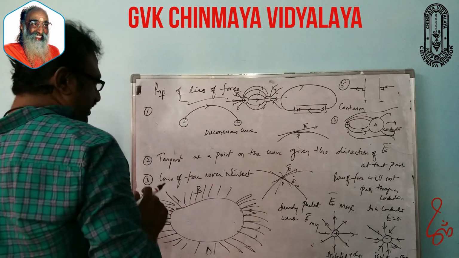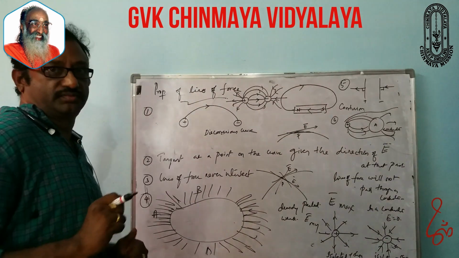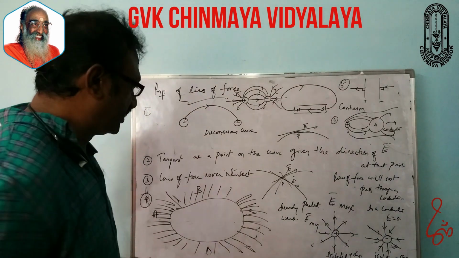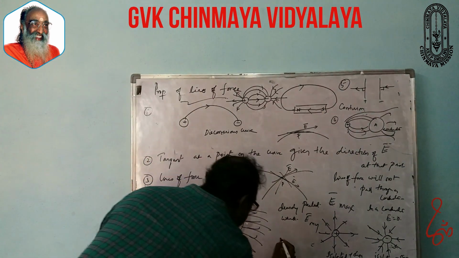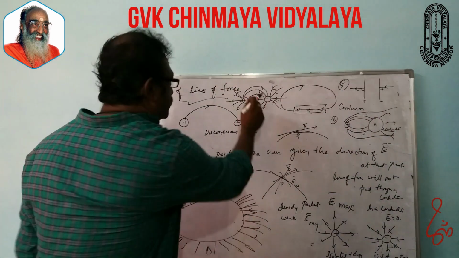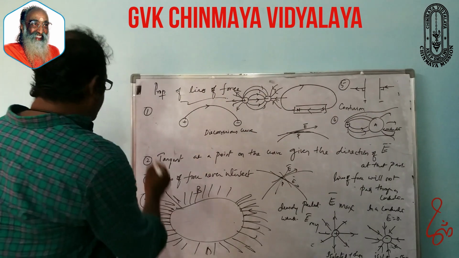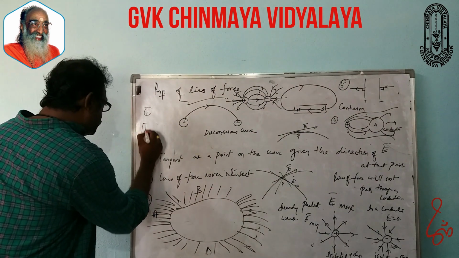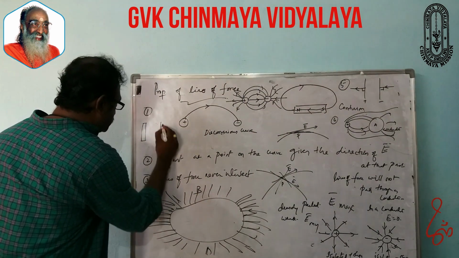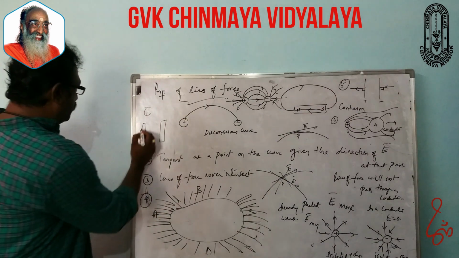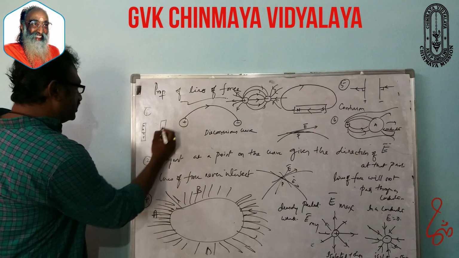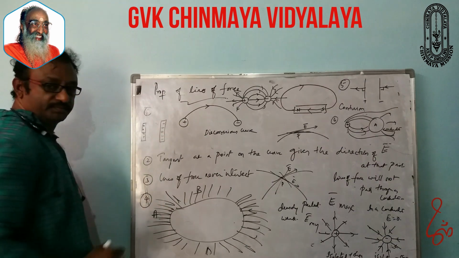And suppose you take extended charged plates, how can we see the lines of force there? Now we have taken only point charges and shown it like that. If you take extended charged plates, let this be the charged plates here, one the positive charged plate and the other the negative charged plate.